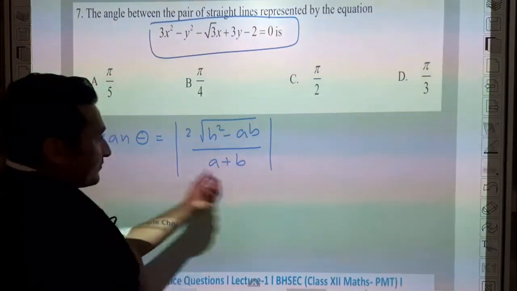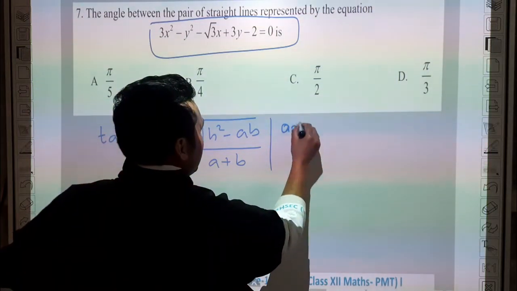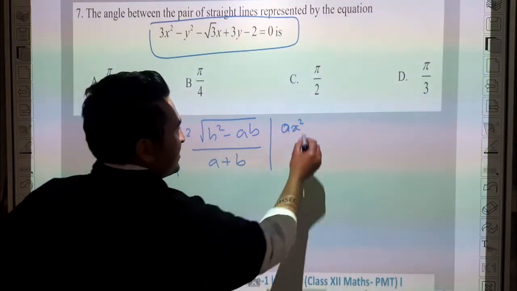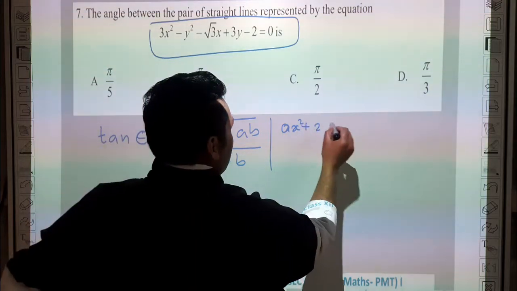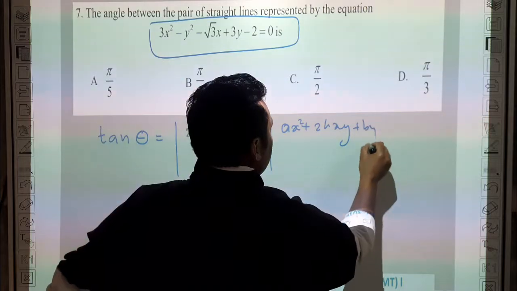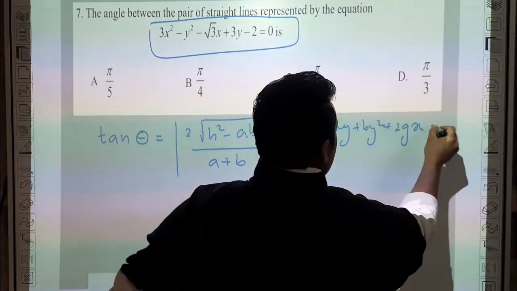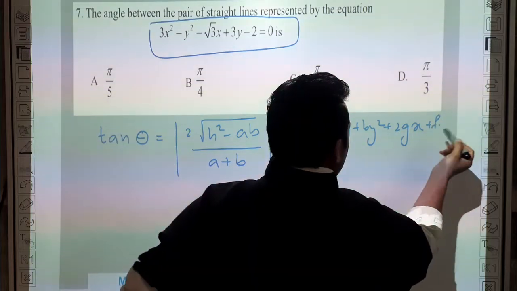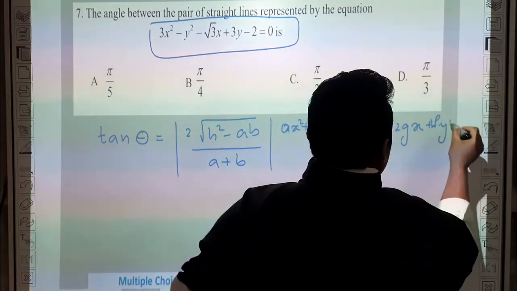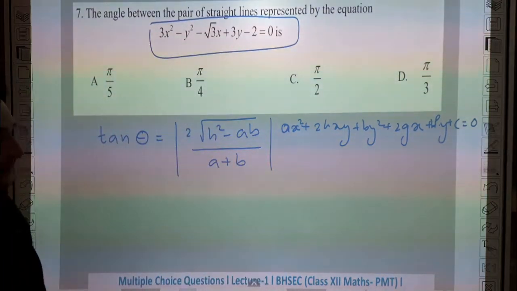You can just remember the general equation of the pair of straight lines, that is ax square plus 2hxy plus by square plus 2gx plus 2fy plus c is equal to 0.